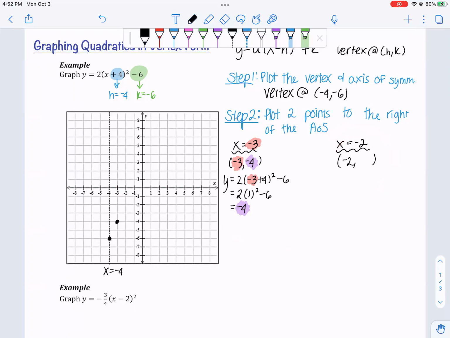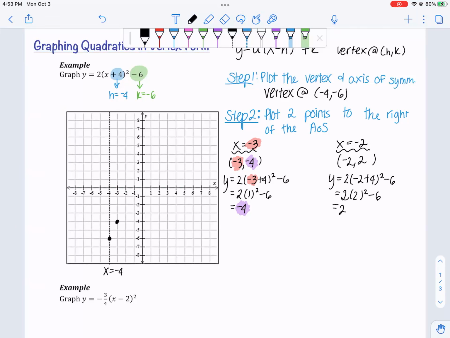Here, we're plugging in -2 to the function 2 times x plus 4 quantity squared minus 6. So y equals 2 times -2 plus 4 quantity squared minus 6. -2 plus 4, that's going to be 2 squared minus 6. 8 minus 6 is 2.